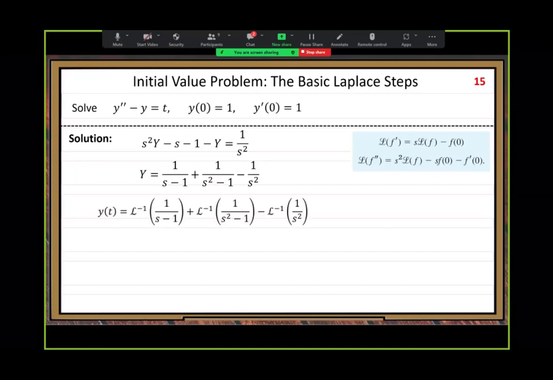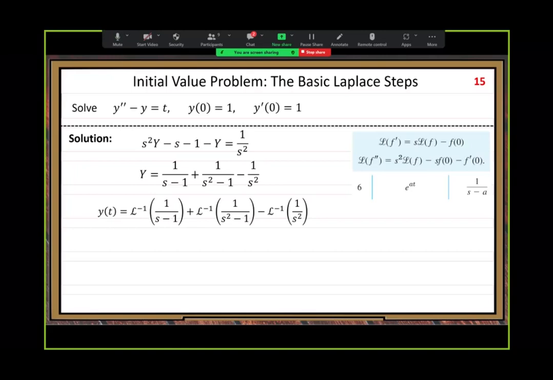You do the inverse Laplace transform for each term, using some of our basic formulas. Here I copy the basic formulas. One is the inverse of 1 over s minus a, here s minus 1, so you get this function.